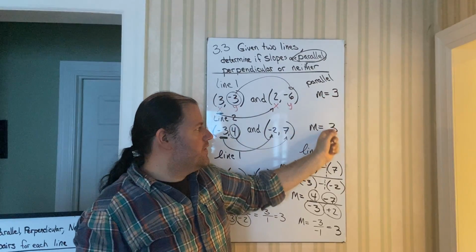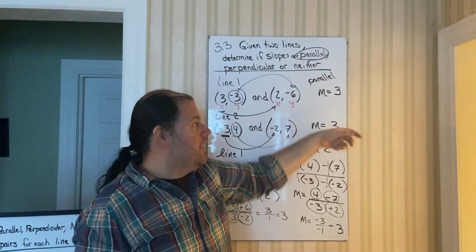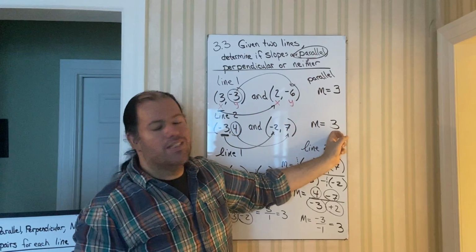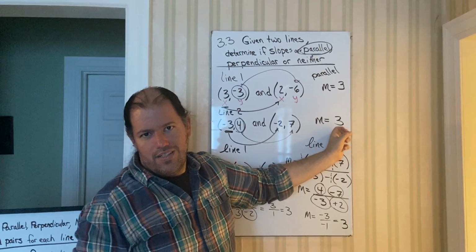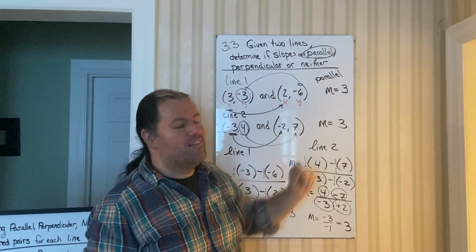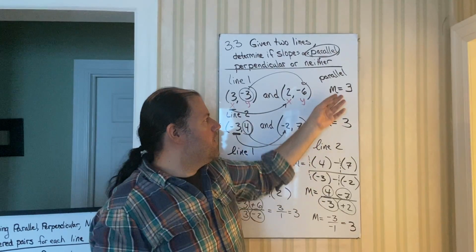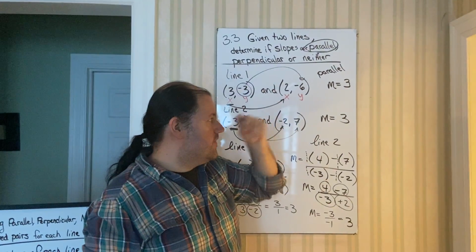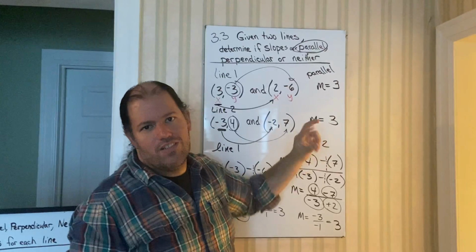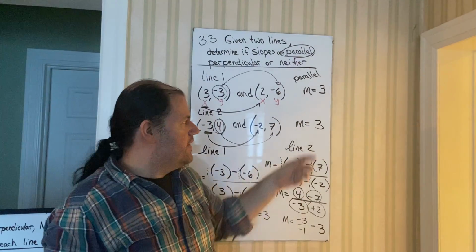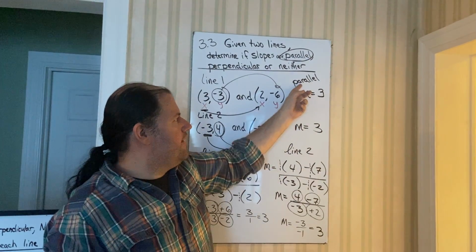So positive, this would have been negative. And if this is 3, this would have been the reciprocal, 1/3. So parallel, they have to be identically the same. Perpendicular, remember, the slopes have to be opposite signs and reciprocal of each other. So when we compare, if they're the same, parallel.